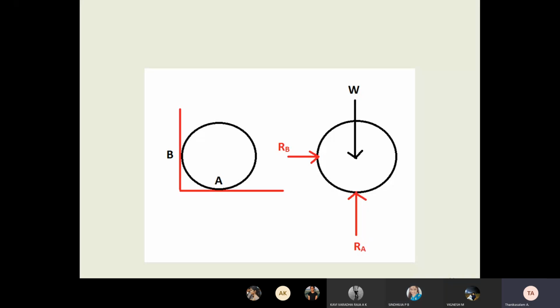See the first left side diagram. The ball is touching the vertical wall and the surface. So the ball is in contact at two points, A and B.